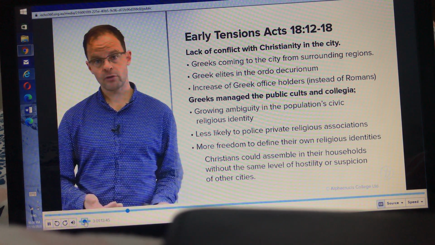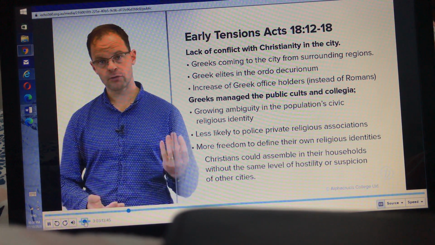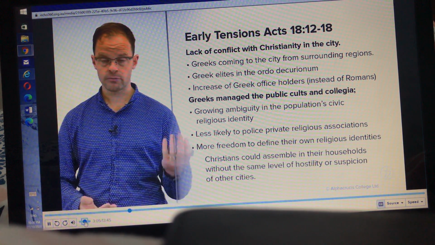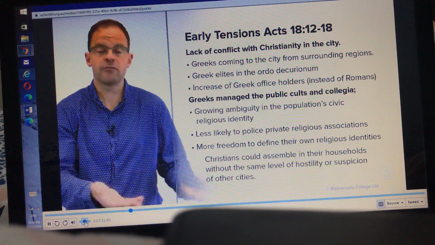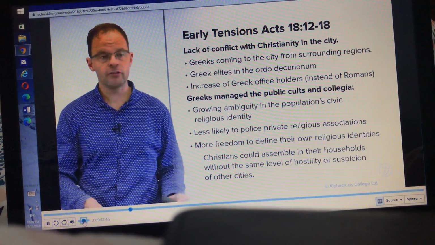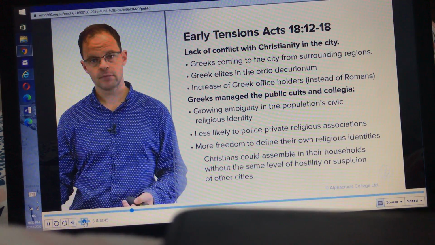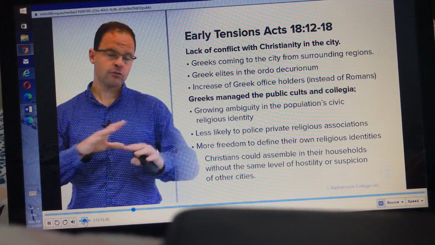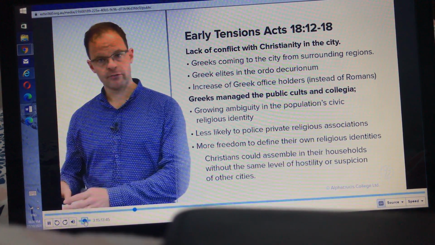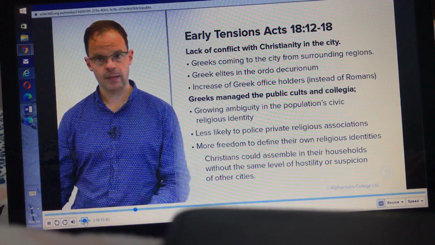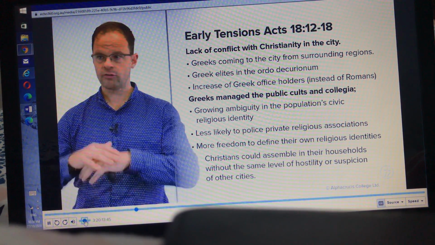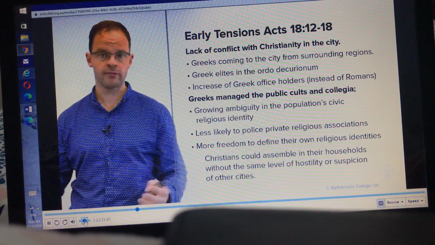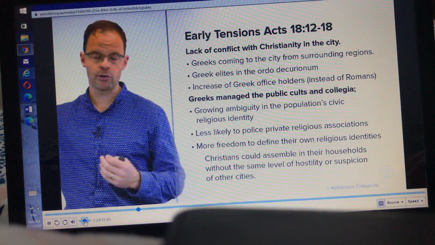So Corinth, from its earliest time, has a mixture of both Roman elites, Roman government people, politicians, as well as Greek. Now, in a typically Roman or a traditionally Greek city, you have already established culture, established traditions. The gods of that city have been the gods time immemorial.